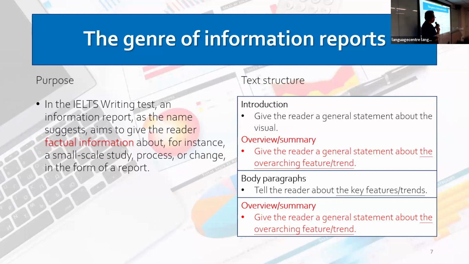In the context of the IELTS exam, you don't have to show a very sophisticated text structure. The diagram here that I'm showing you will be sufficient. Usually, we begin with an introduction, and then some body paragraphs, and then we conclude our information report with an overview or summary.